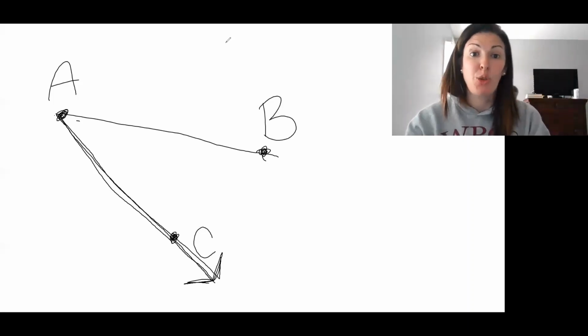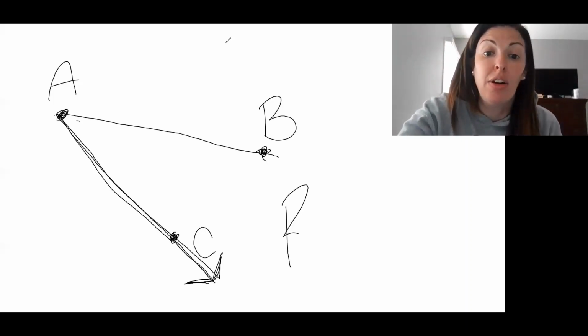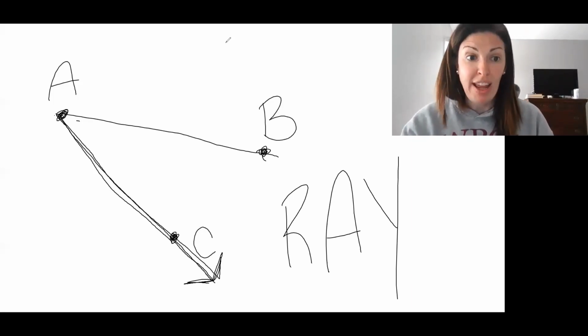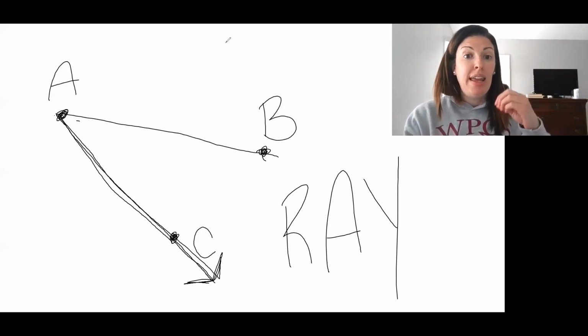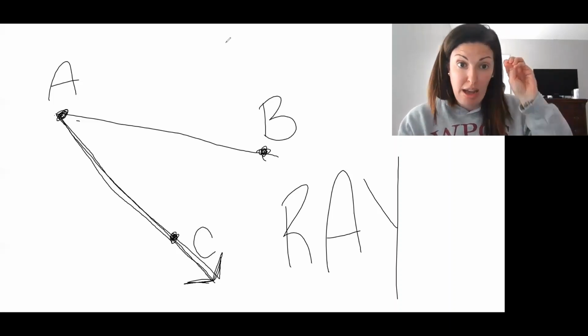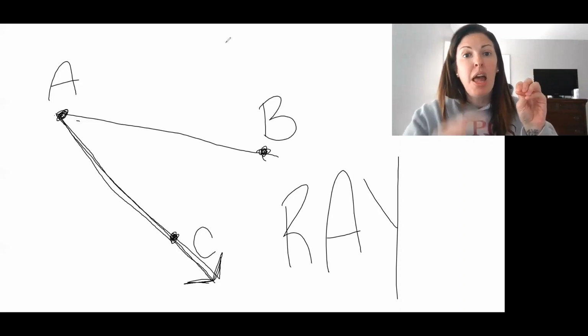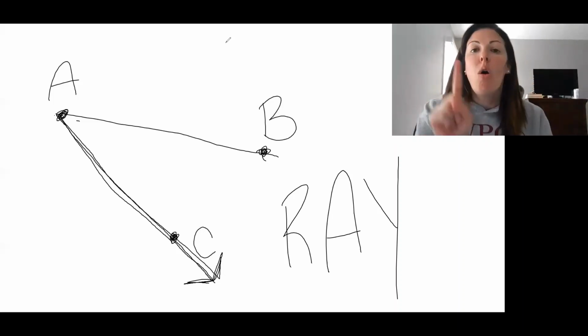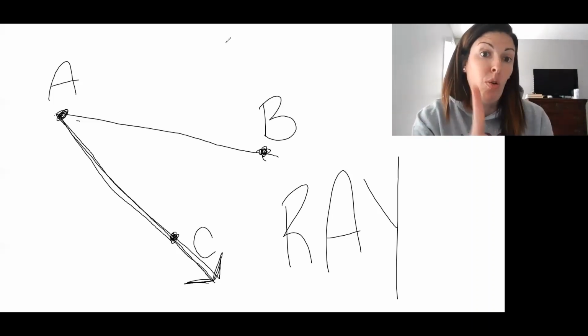So this is actually called a ray, R-A-Y. And what a ray is, basically, is a part of a line that has a beginning point, but then it goes on forever and ever and ever, in one direction only.